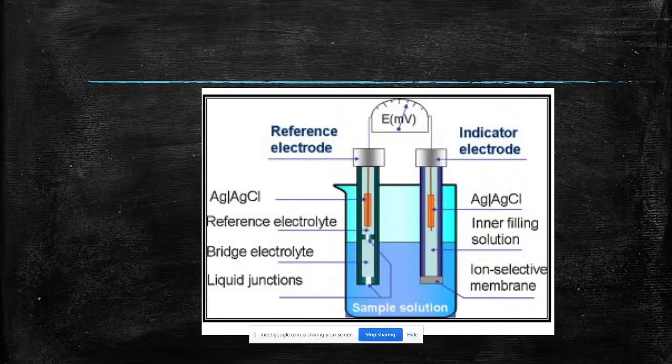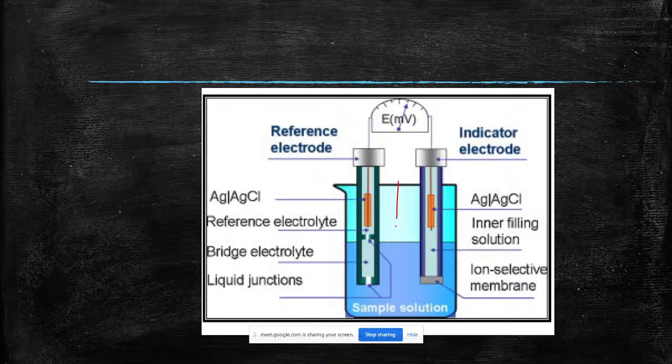This is the diagram of potentiometry. Here we will be using silver chloride electrodes. This is a reference electrode and this is the indicator electrode.